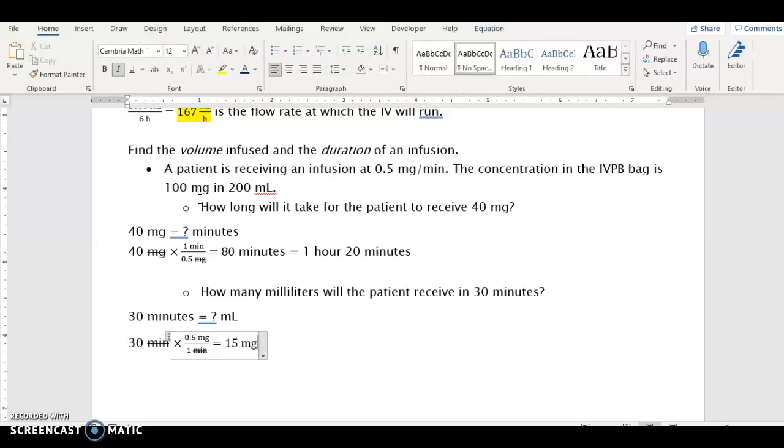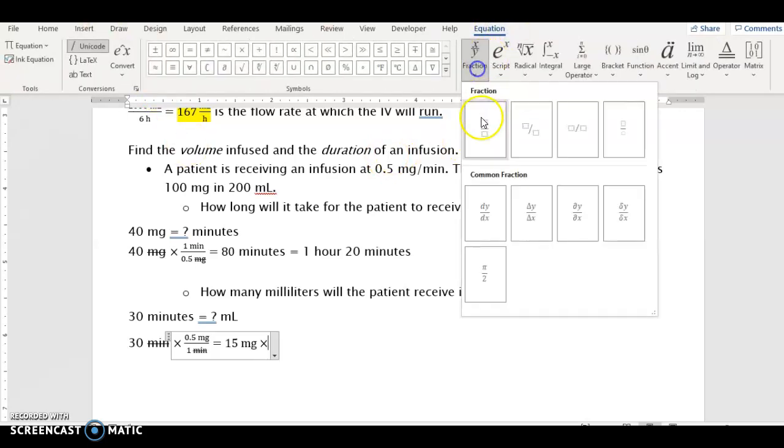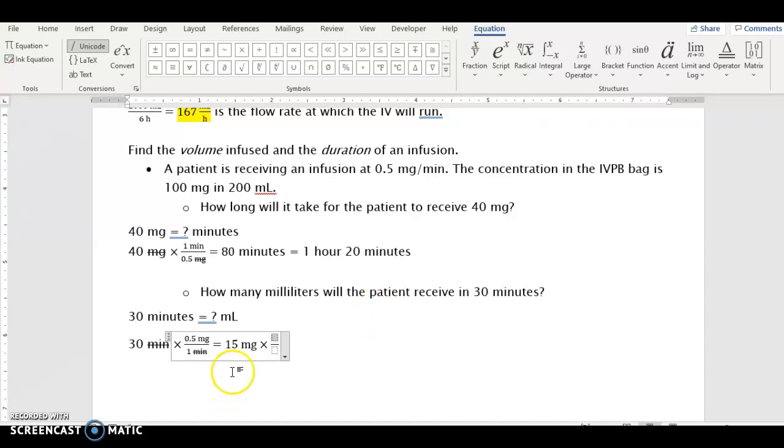So we can multiply by the following fraction. We want to eliminate milligrams, so we're going to multiply by 200 milliliters on top, and then 100 milligrams on the bottom. So we have to flip over the concentration accordingly.